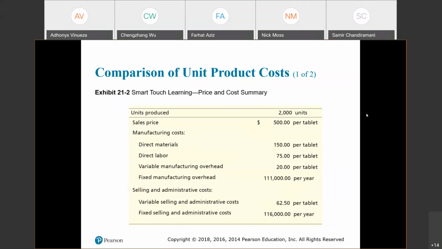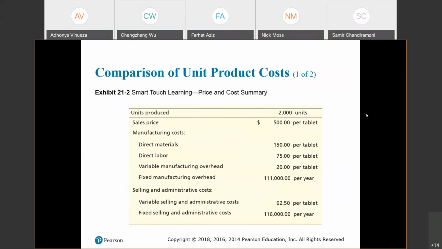Well, the fixed part is $11,000 per year. And in this case, we can see it is $5.50 in case of 2,000 units produced. That is $11,000 divided by 2,000 units.